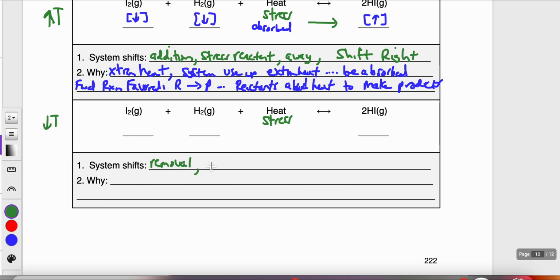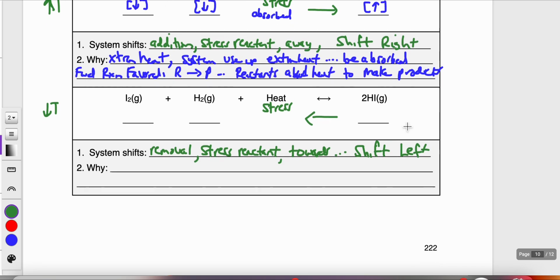The stress is on the reactant side. So if the stress is a removal, the system will always shift towards the stress. So that means the system is shifting left. So the system will shift left.